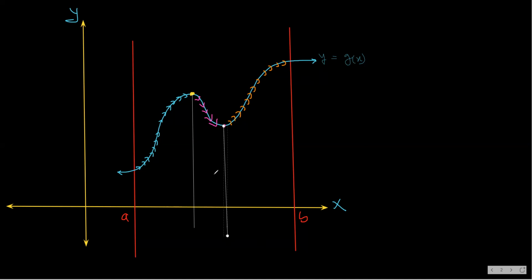Let me call this point C, so x equals C, and this as x equals D. On the x-axis, these are two numbers. I notice that before x equals C, from A to C, the function was increasing, and after C to D, it was decreasing.